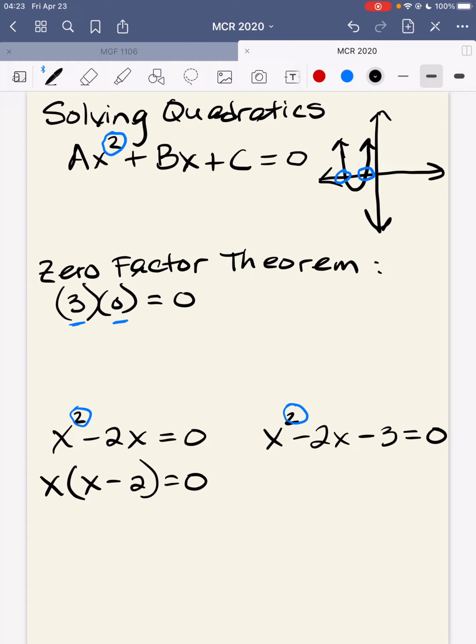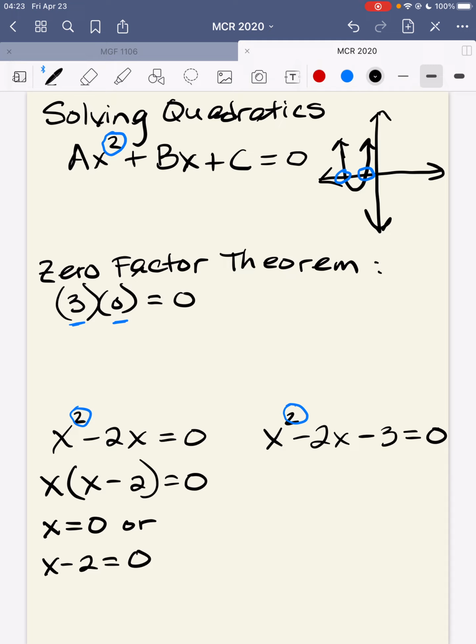So what I want to do with the zero factor theorem is take each piece of this puzzle and set it equal to 0, and I'm expecting 2 solutions. So either x is equal to 0, that's pretty much solved for me, x is equal to 0, or x minus 2 is equal to 0. And all this is I have to do a little bit of solving.